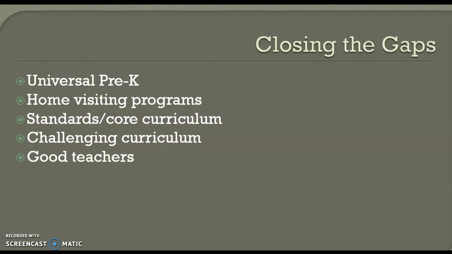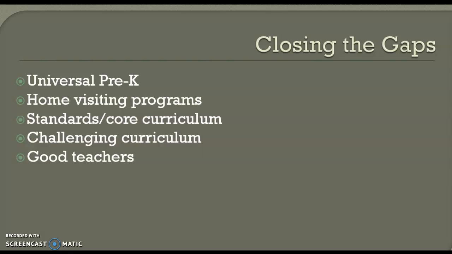You might hear that called voluntary preschool. You might hear other terms, such as 4-year-old preschool. You might hear it called preschool for all. That's what the goal is, to help them be ready for kindergarten.